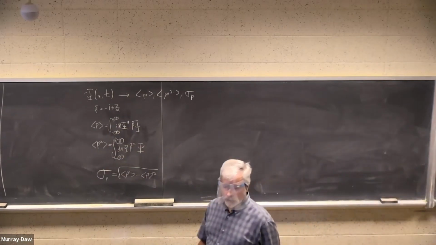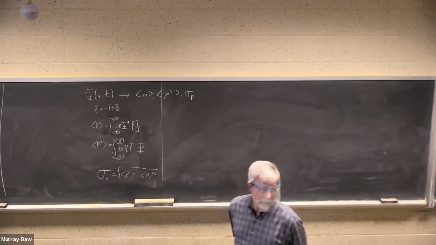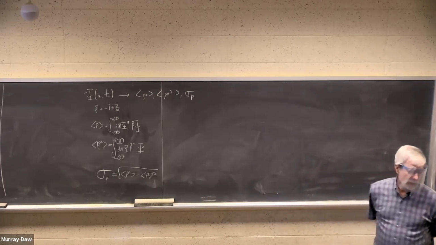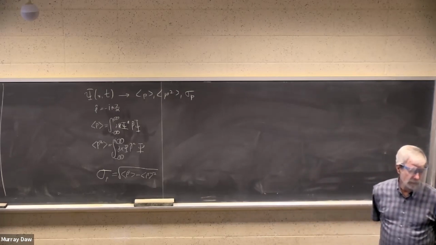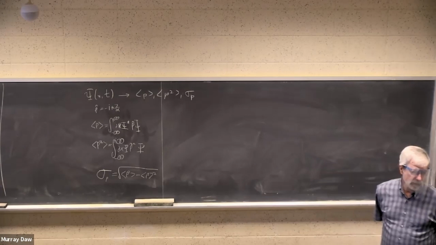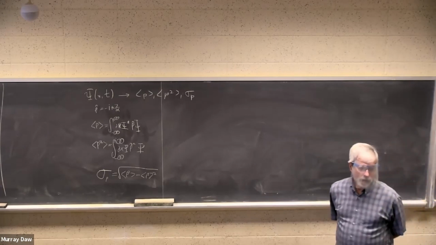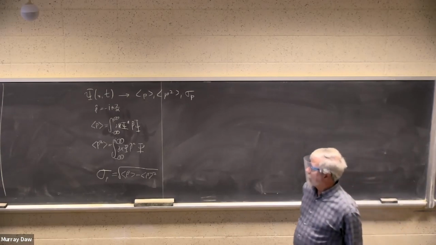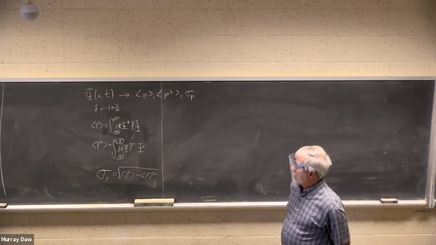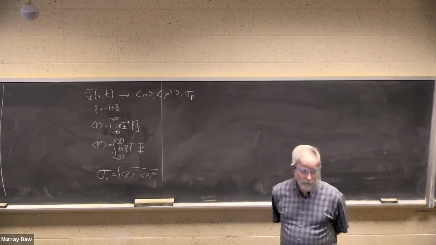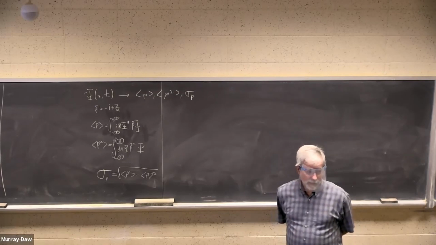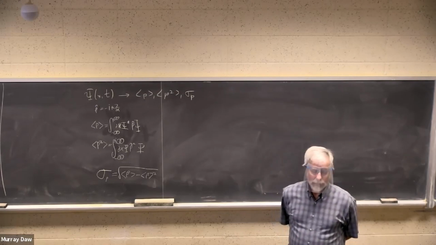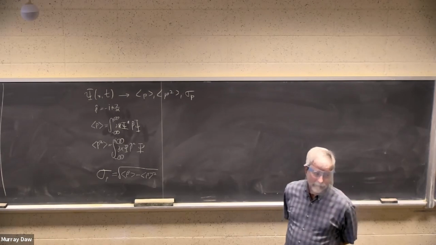Questions about that? The reason it works is that generally the average is the integral over x of the probability density. So you apply p hat, and it pulls out p. You do p hat on psi, and it gives you p times psi. No, it doesn't give you p times psi necessarily.